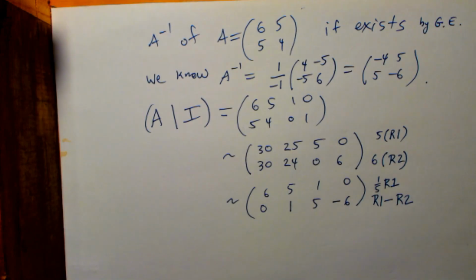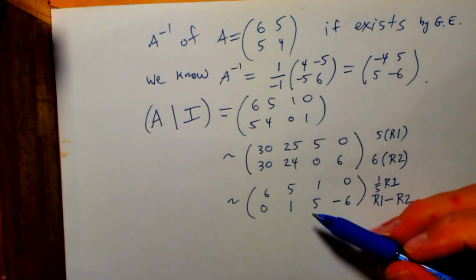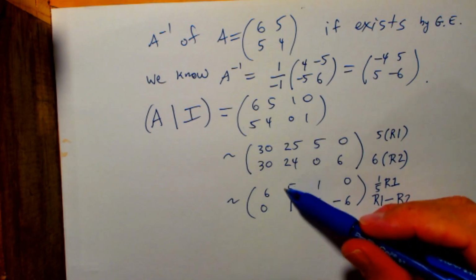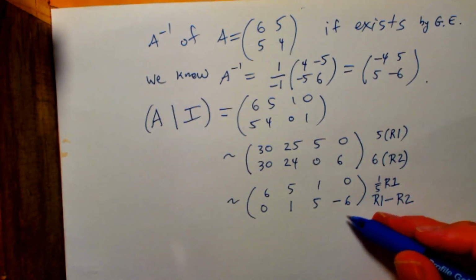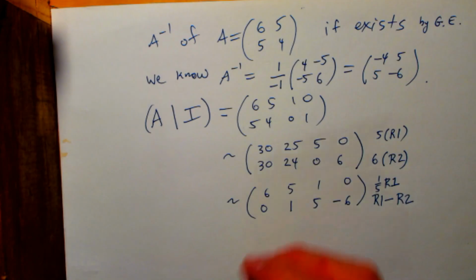Okay, next what we want to do is use that 5 there to eliminate the 5 above it so we can satisfy condition 4 of row reduced echelon form. Okay, so I'll multiply this by 5 and then subtract.